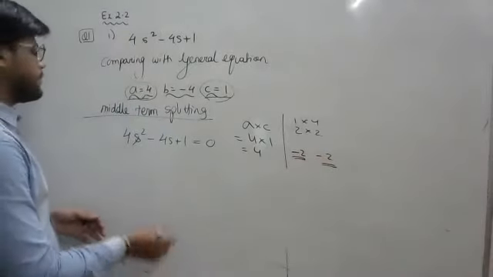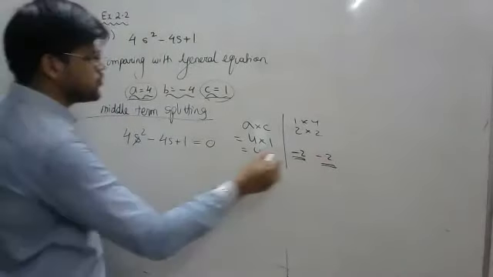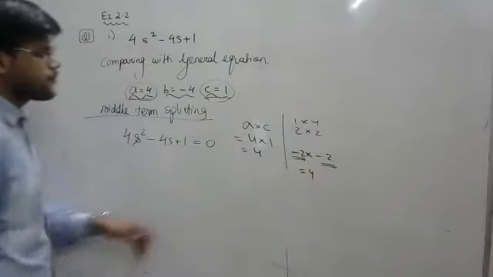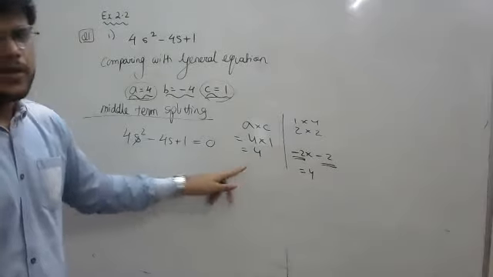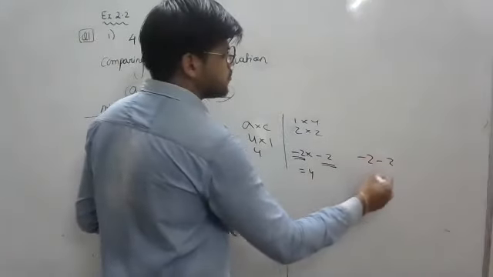Because when we multiply minus 2 and minus 2, we get 4. The multiplication of the factors should be equal to this. And if we just do minus 2 minus 2, it will be minus 4.